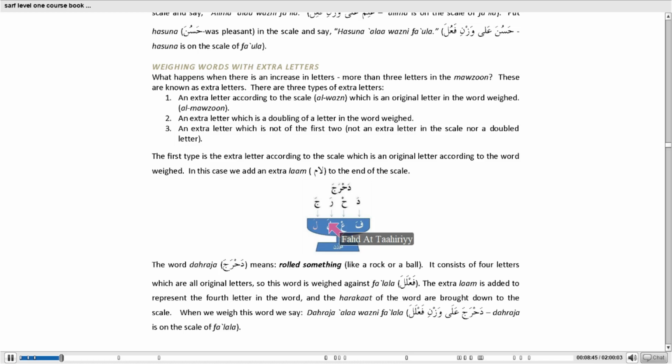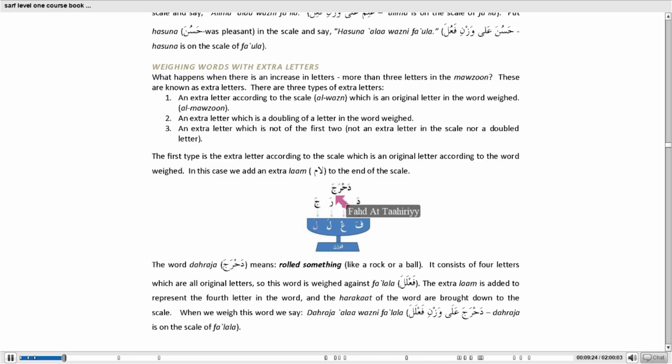But does that extra letter, being extra to the scale, mean it is extra in the word weighed? No. Is this understood? So, the scale being of 3 letters, sometimes we get to weigh 4-letter verbs.